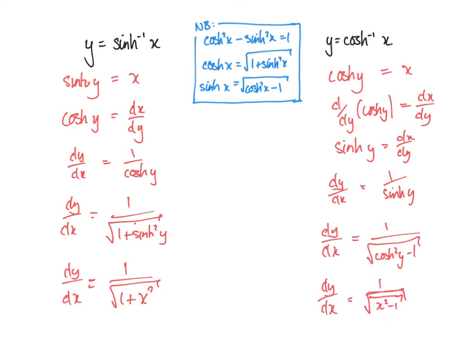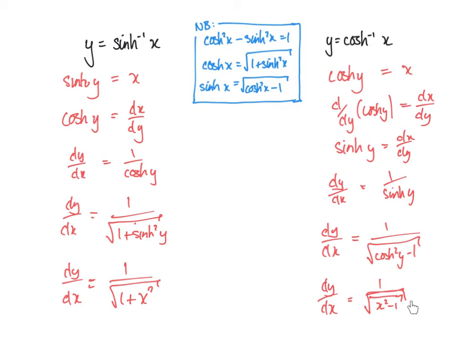Okay. Now, like I said, we're not explicitly asked to know that, but what we are explicitly asked to know is that if you see a function like this, then we should recognize that when we integrate it, we're going to get an inverse cosh answer. So when we differentiate inverse cosh, we get an answer in this format, 1 over root x squared minus 1. So the flip is true.